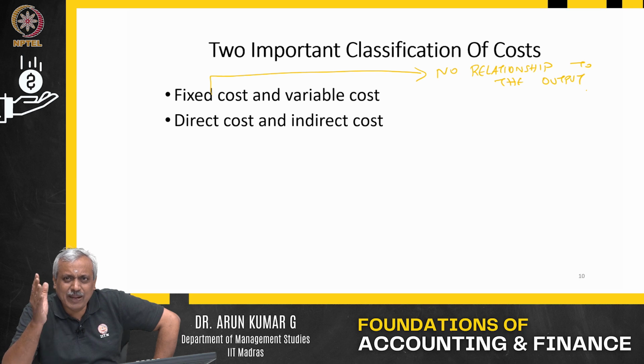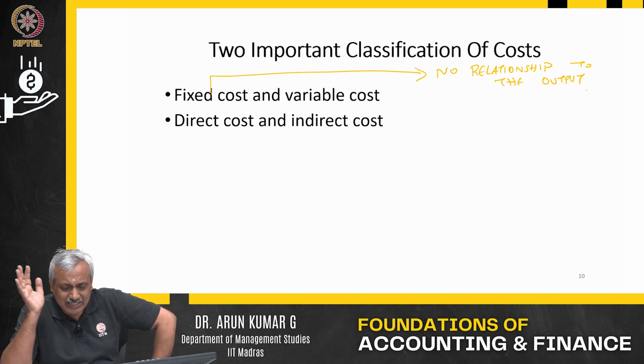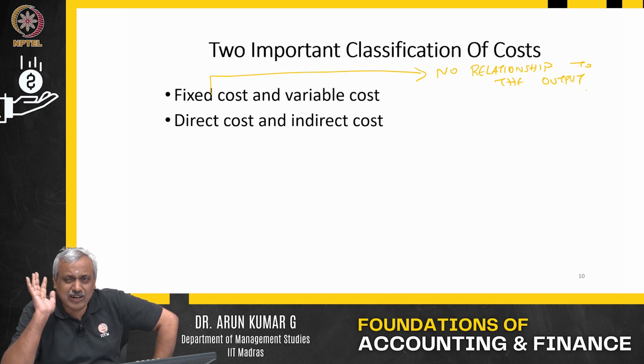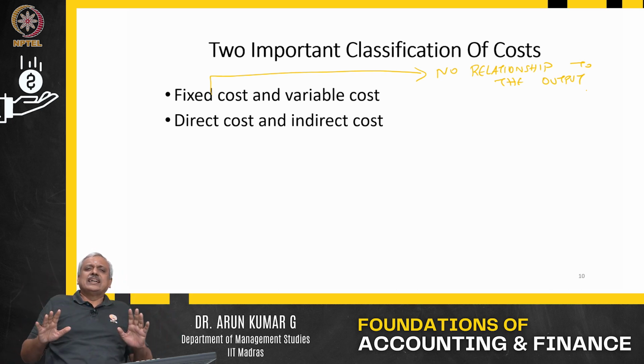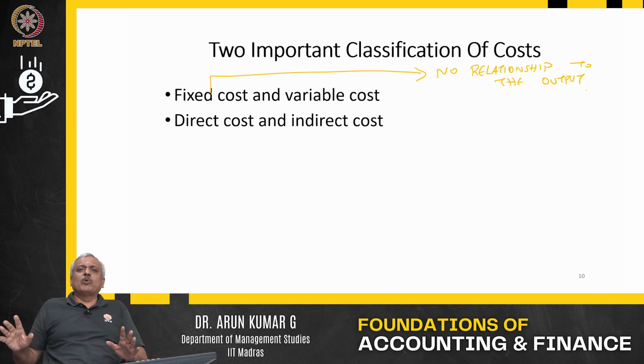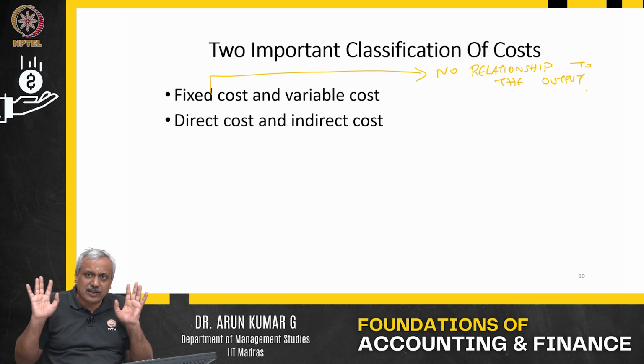The rent I will pay if I am manufacturing 5 pieces, 50,000 pieces, 500,000 pieces, or if I am not manufacturing at all for a month, is going to be the same. It is going to be static, and that cost is what we call the fixed cost. Fixed cost remains fixed. It has no relationship to the output or your process.